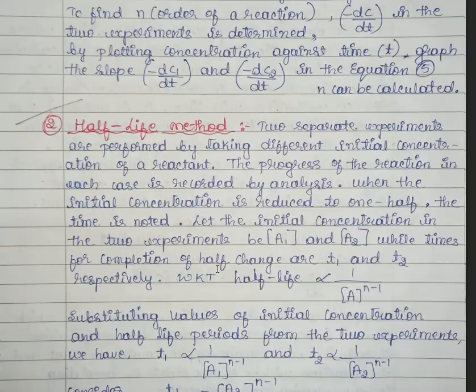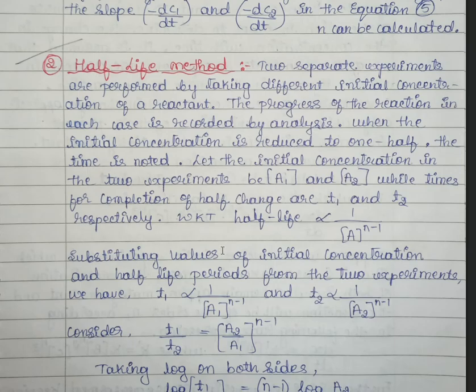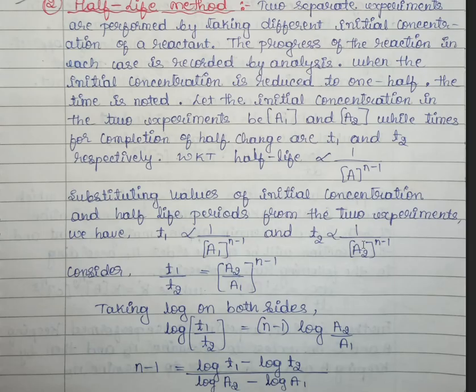The next method is the half-life method. We are considering the half-life of a reaction at two different initial concentrations, A1 and A2. We know that the half-life T half is proportional to 1 divided by the molar concentration of A to the power n minus 1, where A is the initial concentration. We know that the half-life period is inversely proportional to the initial concentration, and n is the order of the reaction.